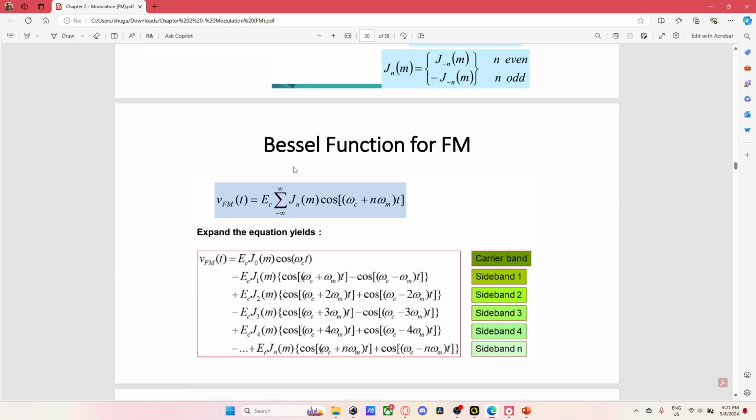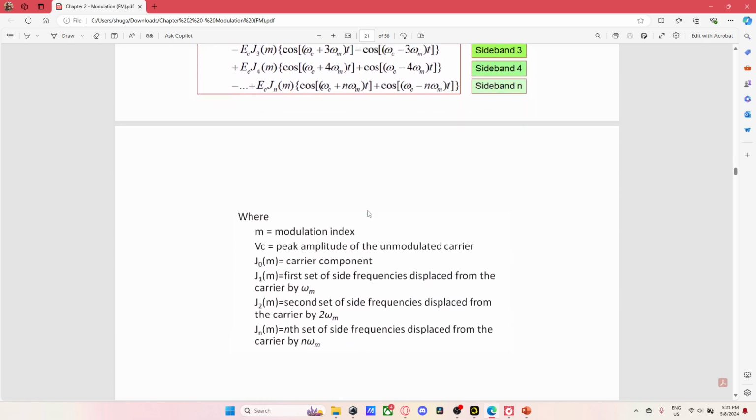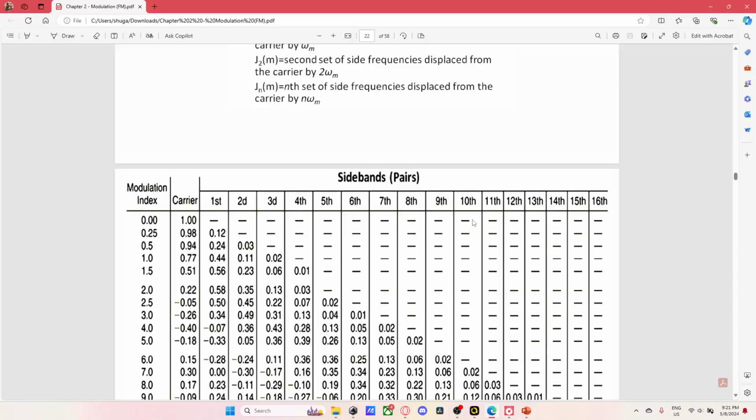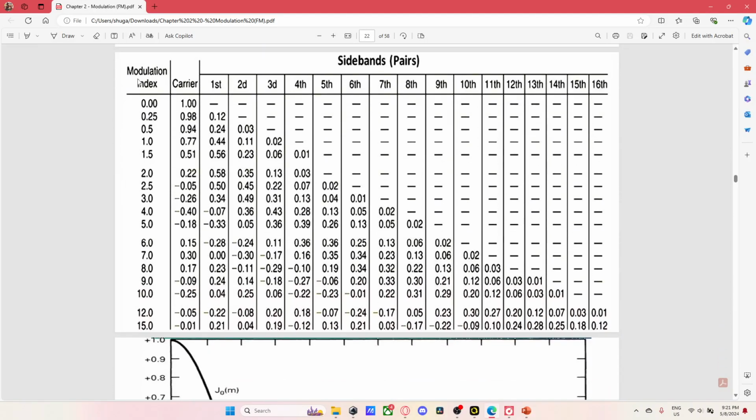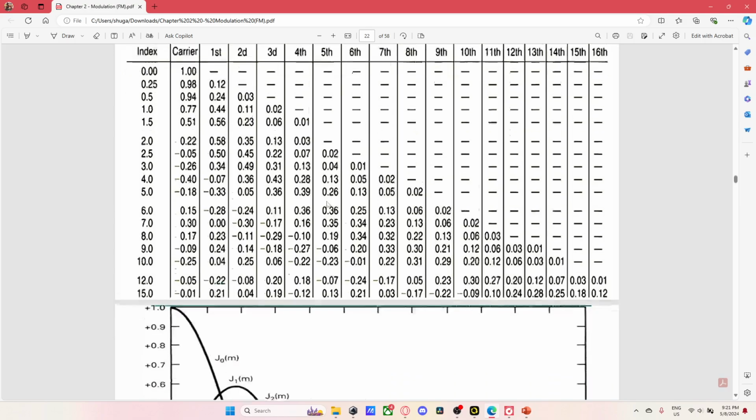But we will try to go through the Bessel function for FM. This is your Bessel function table. Do not worry, this will be given in the exam or the test for you to find the sideband pairs depending on the modulation index.